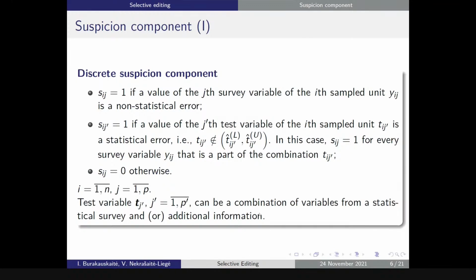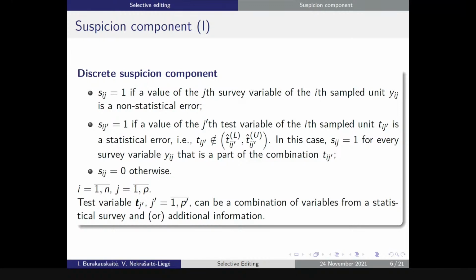Now about the suspicion component. Well, before defining it, let's separate data errors into two different categories. First one being non-statistical errors, for example, observations that do not fall into some previously defined interval. And statistical errors, for example, observations that stand out compared to some additional information.